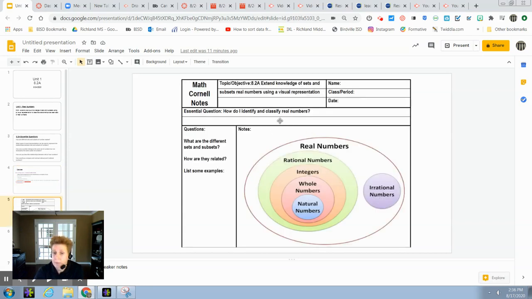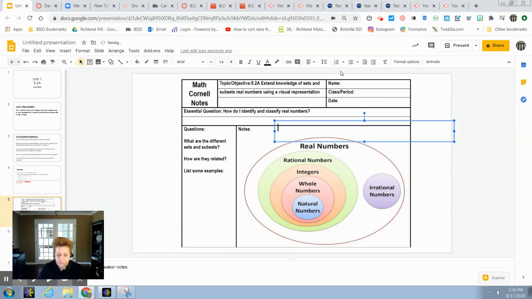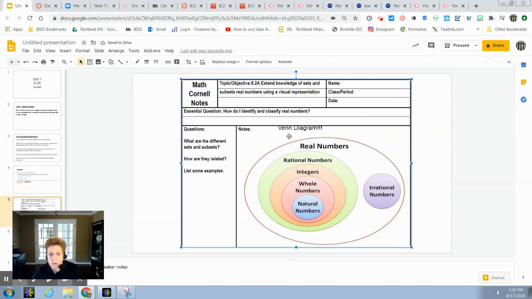And when you open that page, you're going to see this is the first part of the notes. And this is the most important part because they want to know if you can tell the difference between sets and subsets. So this is called a Venn diagram. Okay, this is a Venn diagram, and it shows us that all the numbers inside the big circle are real numbers.